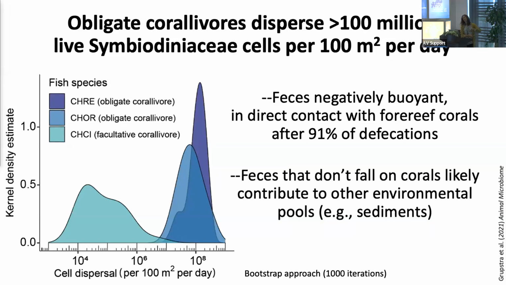And even when feces don't fall directly on a coral, there are processes such as water movement, et cetera, that could break up that fecal material over time and disperse those microorganisms in the vicinity of corals.